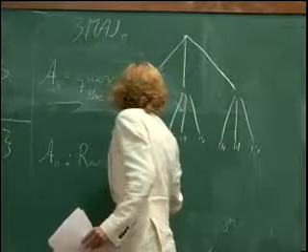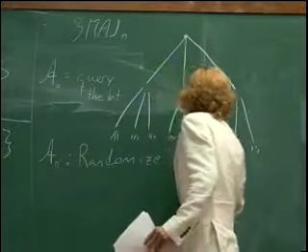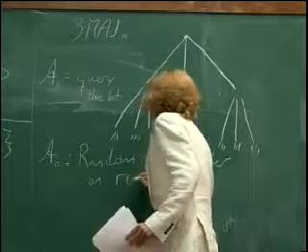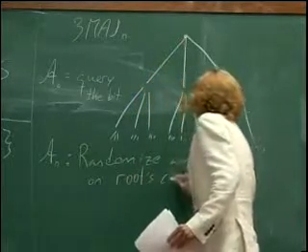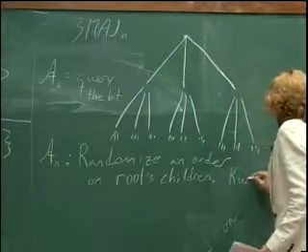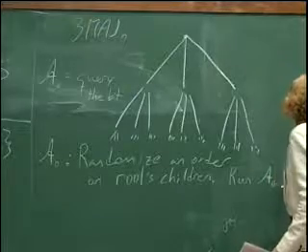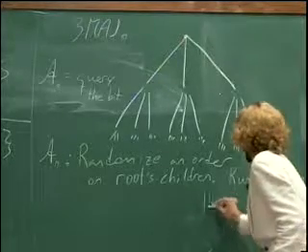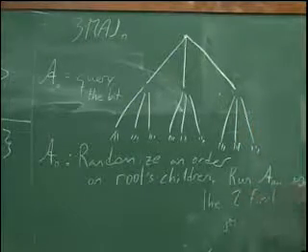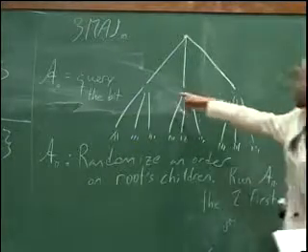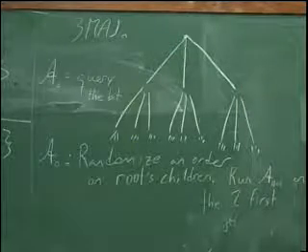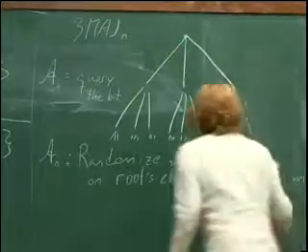So randomize an order on the children of the root. And then we run A_{n-1} on the first 2 ones. And if needed, so if these 2 children that I happen to choose happen to get different signs, then I also run A_{n-1} on the last one.